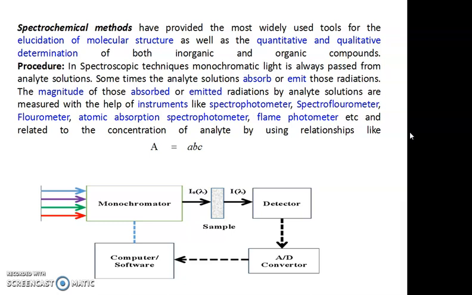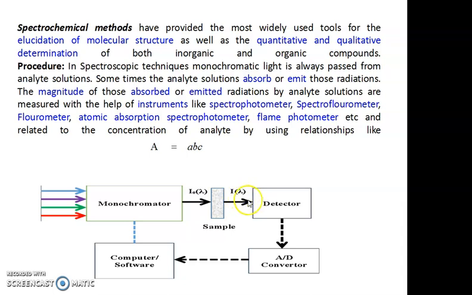Now here you can see the diagram. This is the monochromator, which takes the light radiation from the source and converts it into a single wavelength, which we call a monochromatic wavelength. Once the particular wavelength passes through the sample, the sample absorbs a certain amount of radiation and emits out the rest of it.